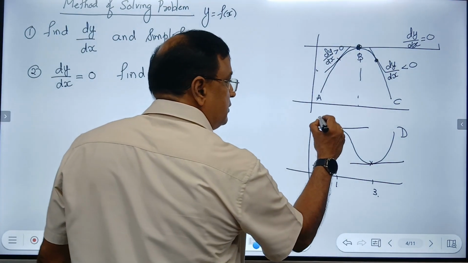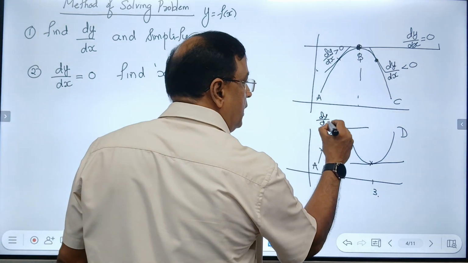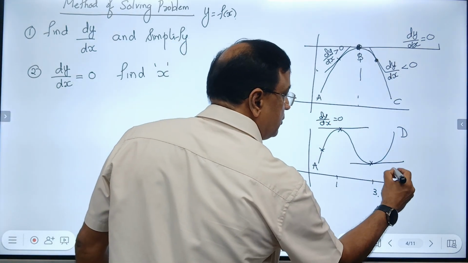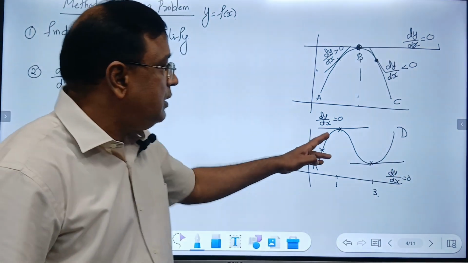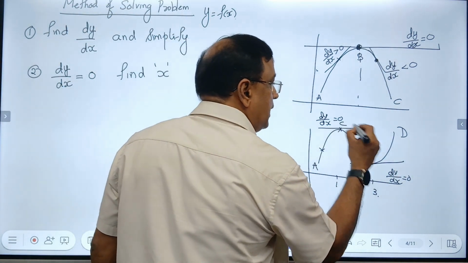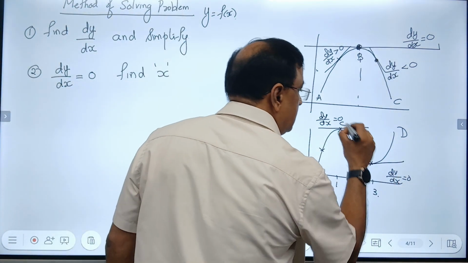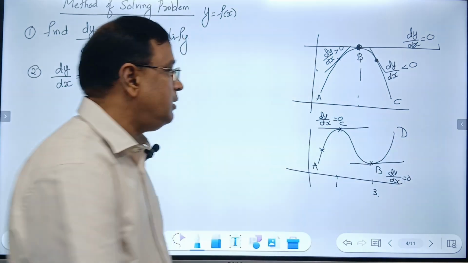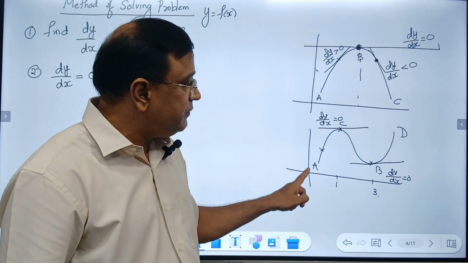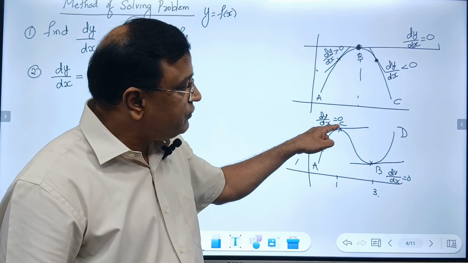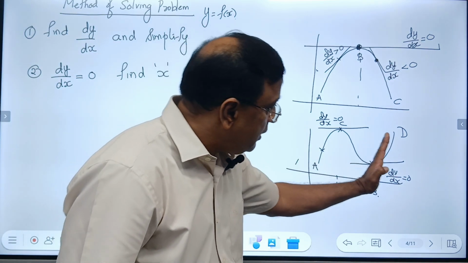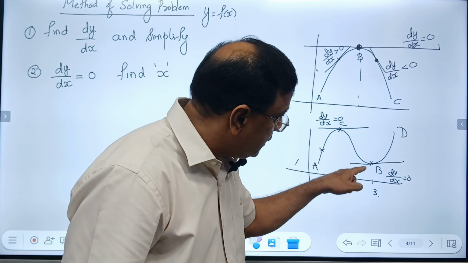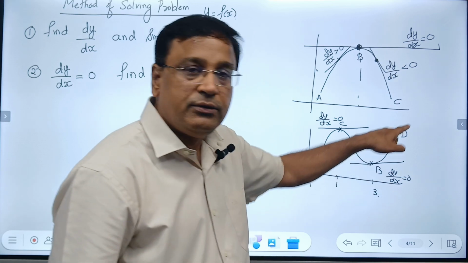At these points dy by dx is 0, because the tangent is parallel to the x-axis. Now let me call these c and b. To the left side of c it is increasing, to the right side of c it is decreasing. Again to the left side of b it is decreasing, to the right side of b it is increasing.